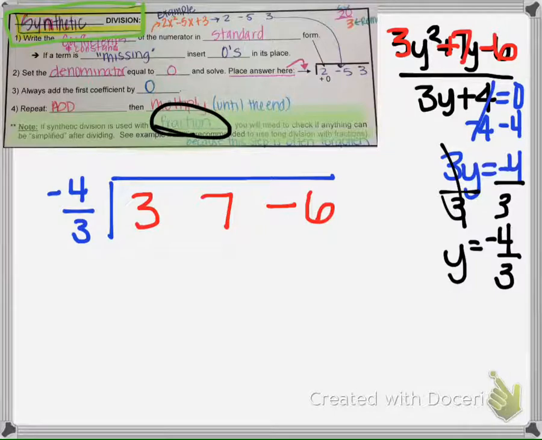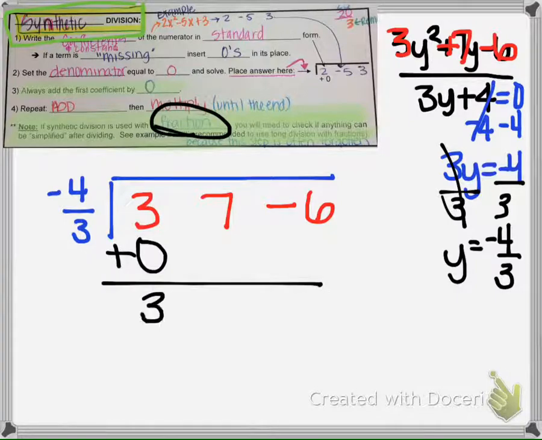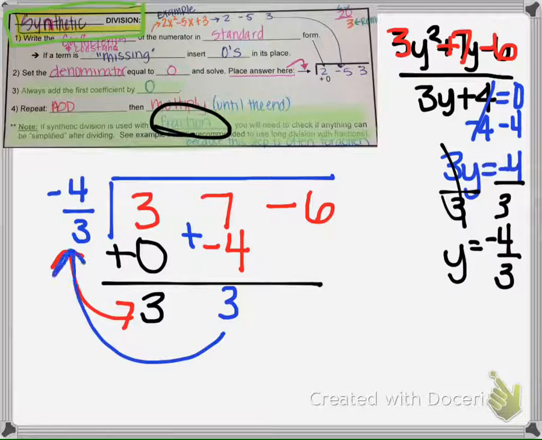And then we always put a 0 here and add, and then we're going to multiply here. So negative 4/3 times 3 is negative 4. Then we're going to add, then we're going to multiply here.